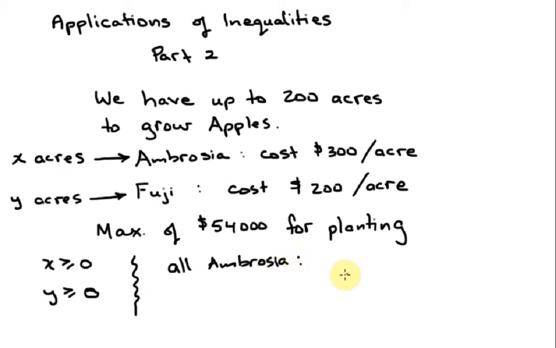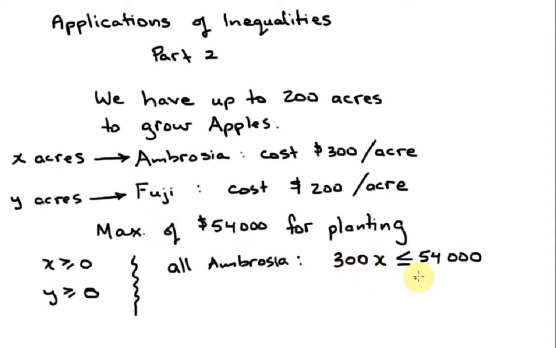Well, what you would do there is you would say then Y is 0, so I have X acres. Then to plant them, it's going to be $300 for each of those acres. So basically what I have is 300 times X. That's how much it's costing me. And I have to make sure that that is less than or equal to $54,000 because that's my maximum allowable budget.